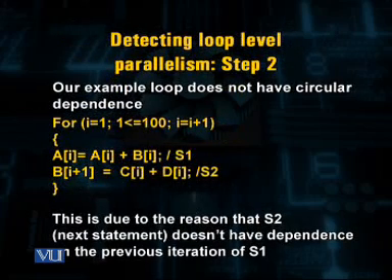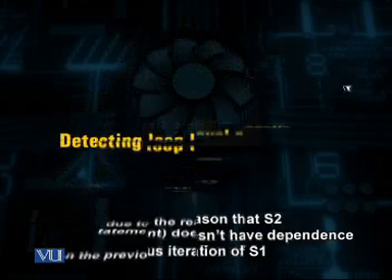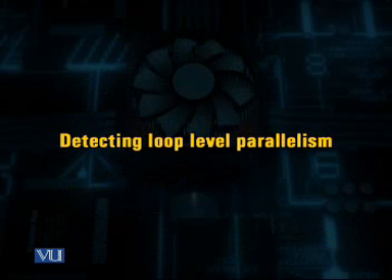That is, one statement depends on the previous iteration of an earlier statement of the loop. You can have a look at this example, where you can see that the loop does not have circular dependence. This is because S2, the next statement, does not depend on the previous iteration of the first statement S1. Hence, we can say that this loop can be reorganized by partial ordering to expose loop level parallelism.